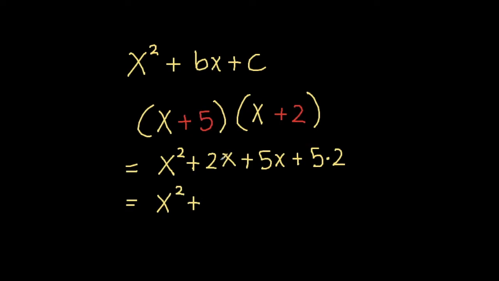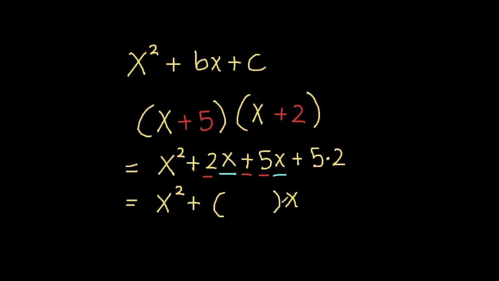Plus, now notice the two middle terms that we have here, which are 2x and 5x, both share a common factor, right? They both have x as a common factor. So let's highlight that common factor. So x, and after we pull it out, notice that what remains is 2 plus 5. Let's pull out the x, and I'm going to keep the x right at the end.